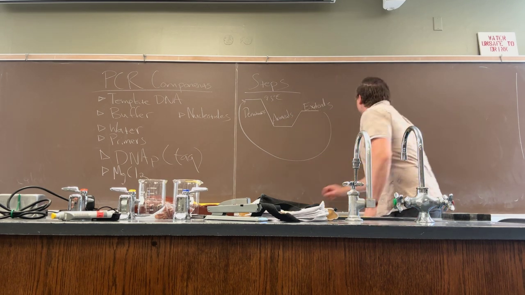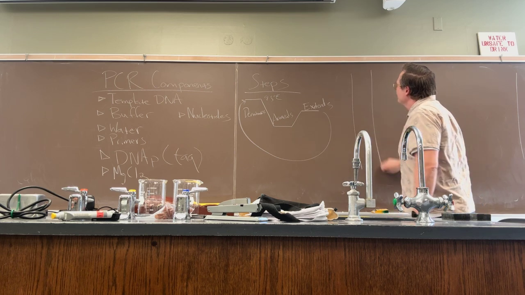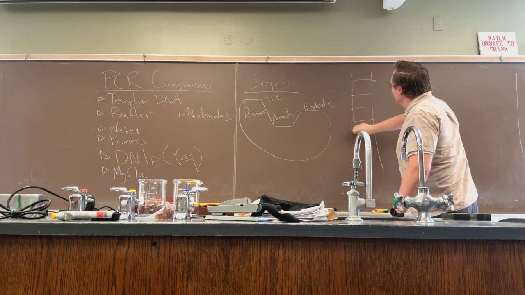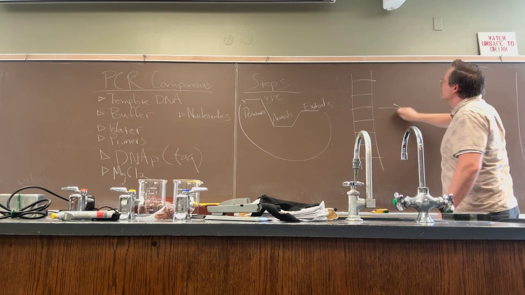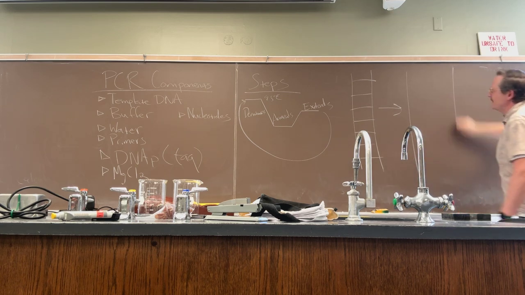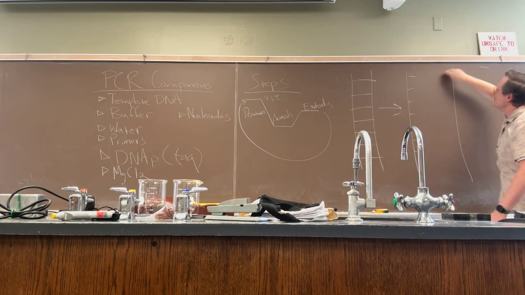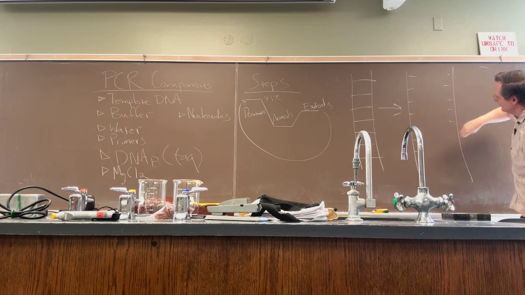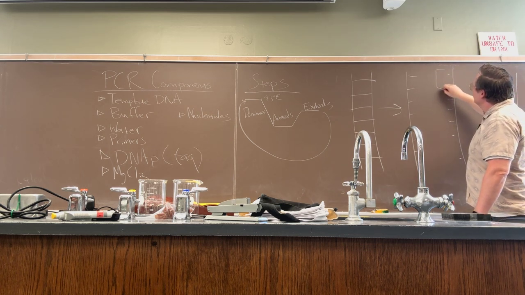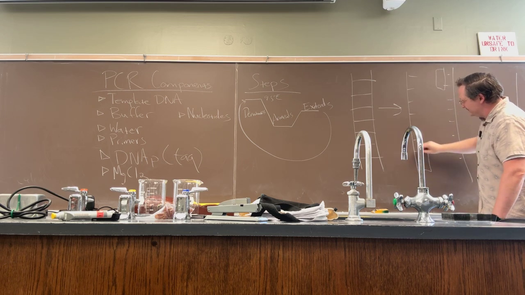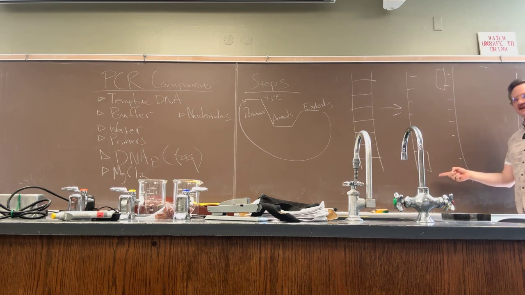All right. So here's the template DNA. It's double-stranded. The denaturation step opens up that DNA just by heating it up into two single-stranded structures. The annealing step is when the primers attach, right here.